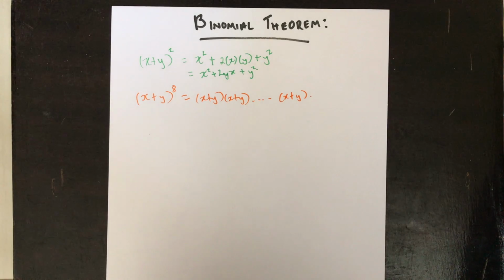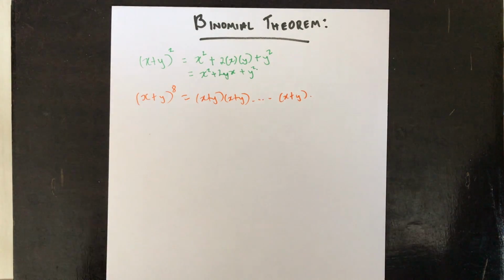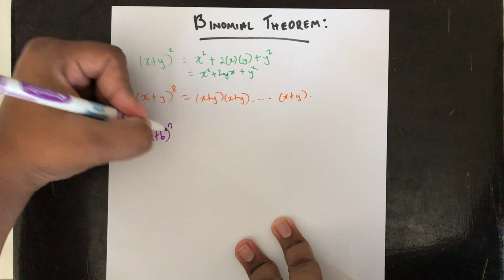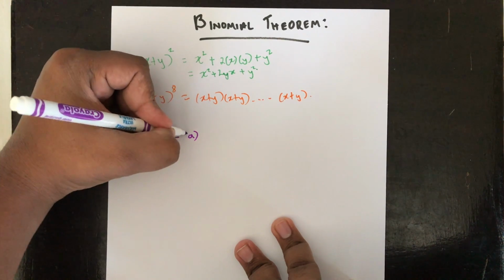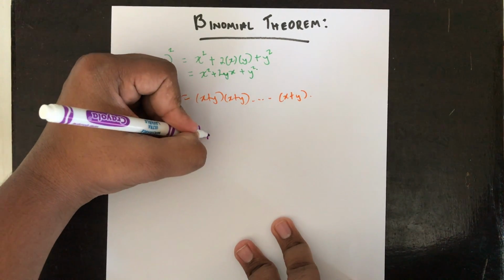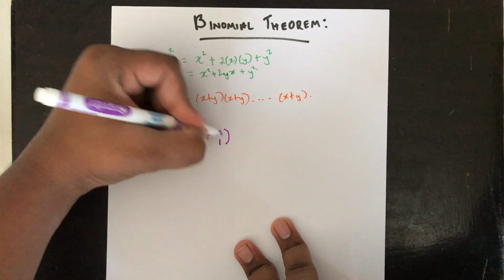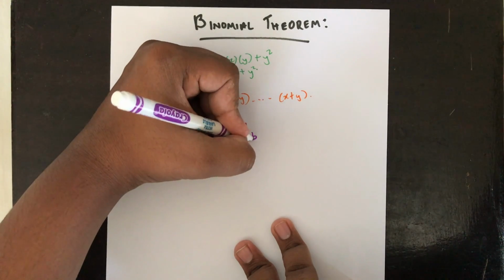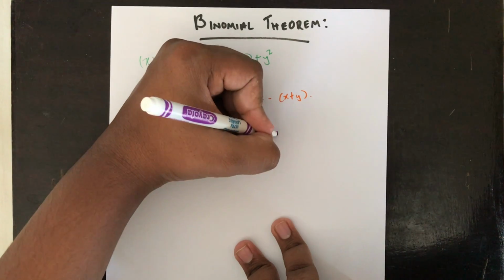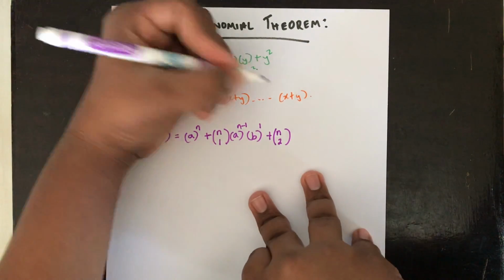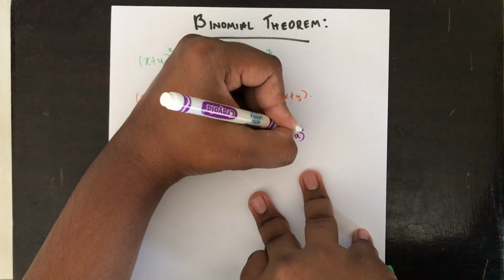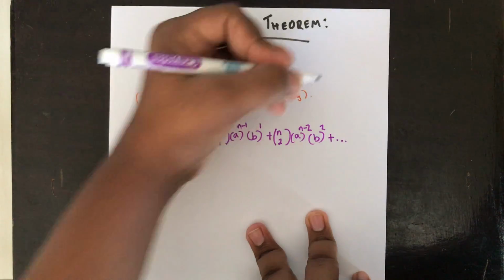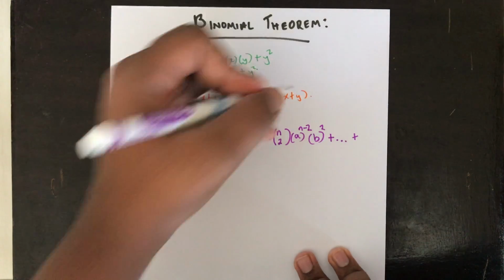So let me write the binomial theorem for you. Suppose you have (a + b)ⁿ. This is the same as aⁿ plus n choose 1, or nC1, aⁿ⁻¹ b¹, plus n choose 2, or nC2, aⁿ⁻² b², plus dot dot dot, means I'm going all the way till the last term.